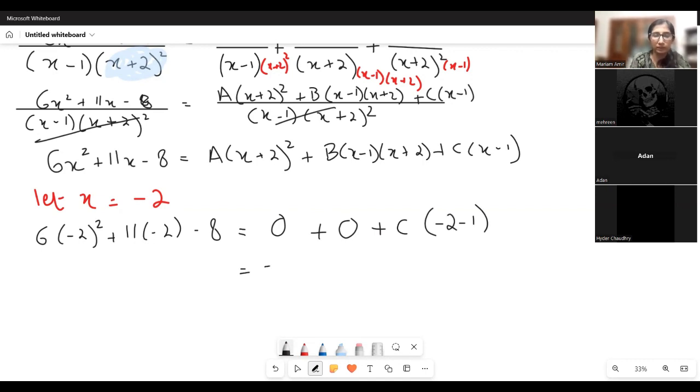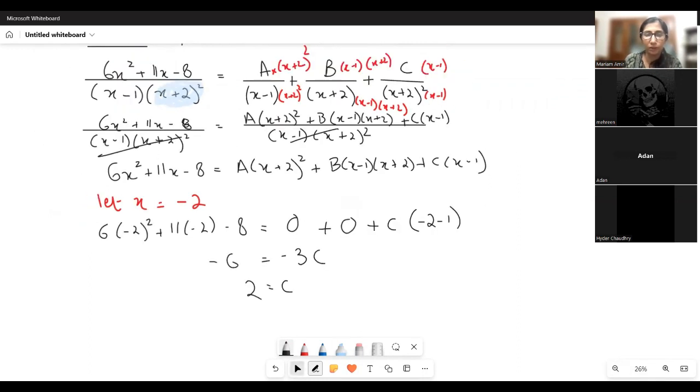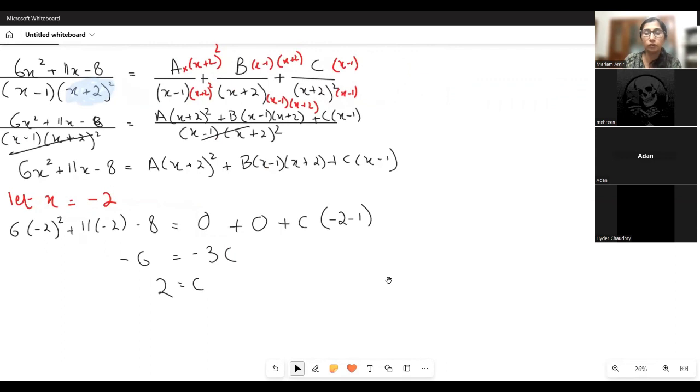So we're getting minus 3c at the right hand side. And we have 6 times 4 minus 22 minus 8, which is minus 6. So we're getting c equals to 2. Let me confirm it. That is correct. Okay. Now we have the value of c.